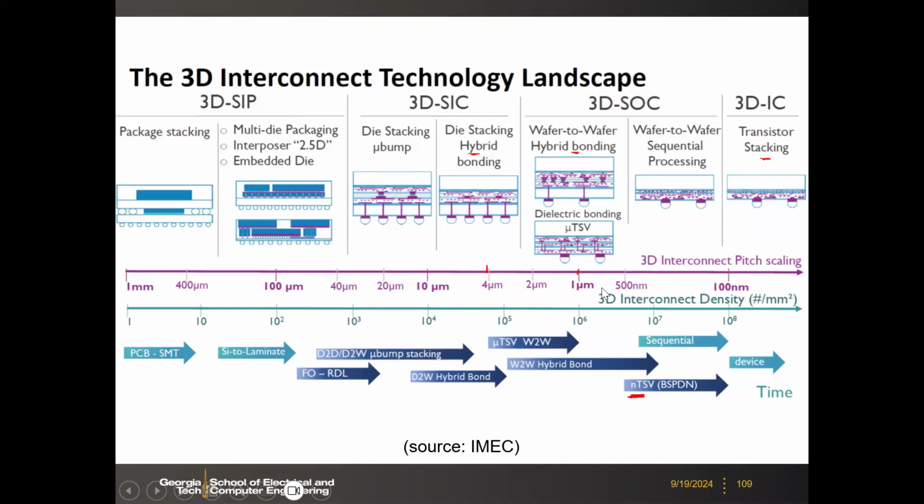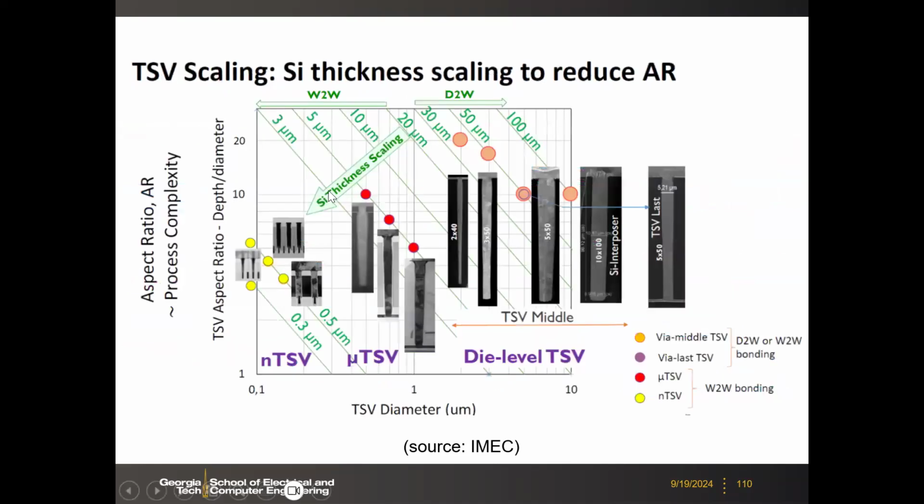So if you look at the TSV diameter and the aspect ratio, here are the different kinds of TSV diameters. For die to wafer bonding, typically you are looking at tens of micrometers, and for wafer to wafer, you can really go down to a few micrometers or even below 1 micron. But then you have to thin down the wafer because the aspect ratio cannot be very high. If you are doing nano TSV, you are looking at an aspect ratio of less than 5.